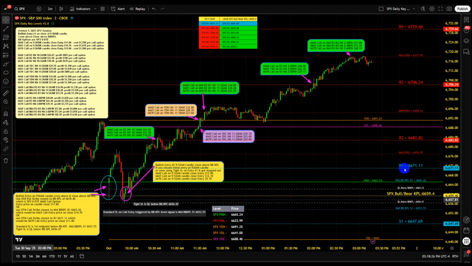And the final option would be just one level above. So the R1 level above is 66.7111. So the closest SPX strike to that is 66.70. So that would be your 66.70 0 DTE call.